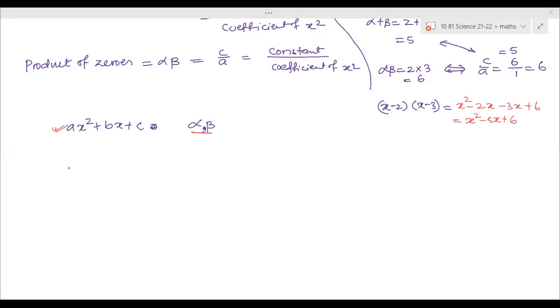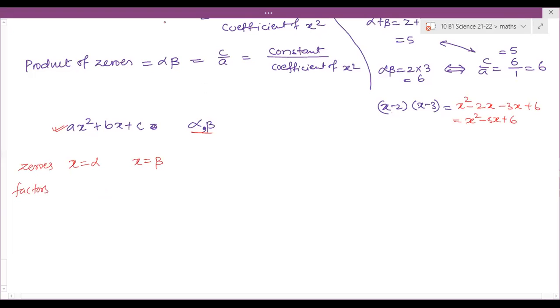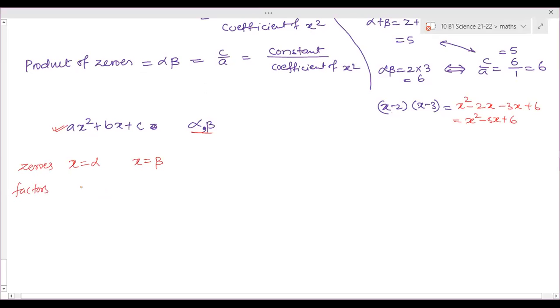So if x is equal to alpha and x is equal to beta are the zeros, now what are the factors? x minus alpha and x minus beta. x minus alpha is one factor and x minus beta is the second factor.